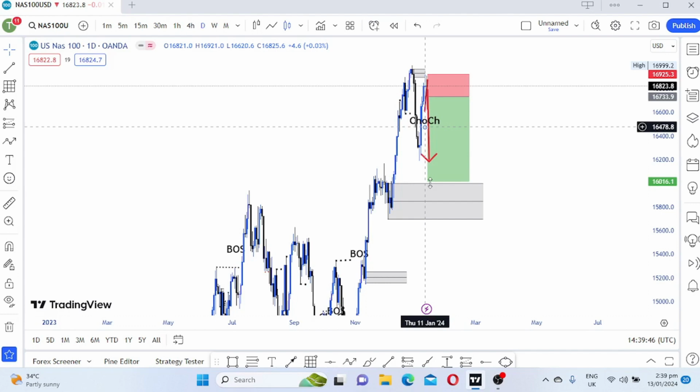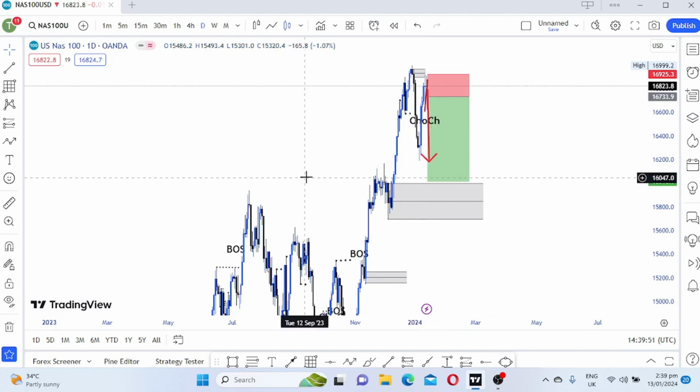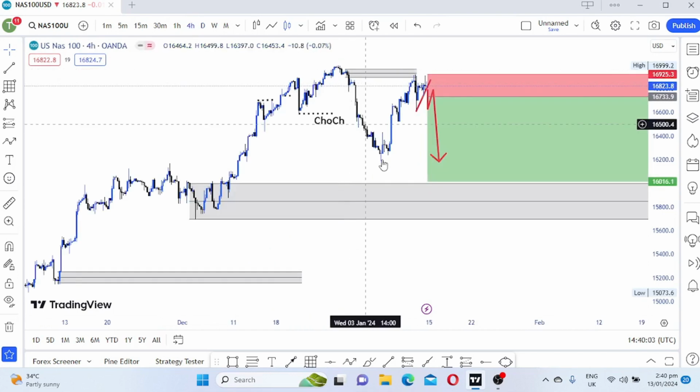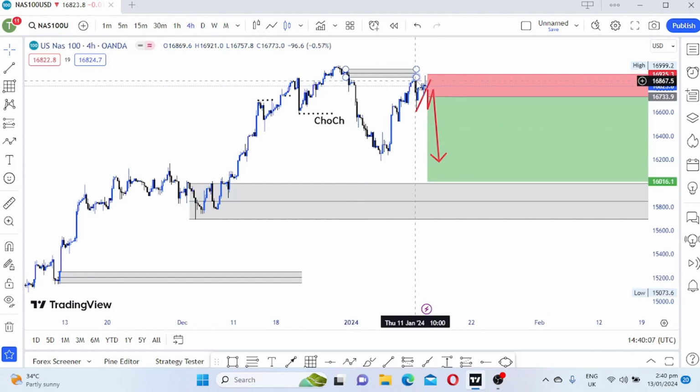For now, we have shifted from bullish to bearish, guys. As you can see here, we have a change of character. The market moved, and we already tapped into the supply zone that is up here.